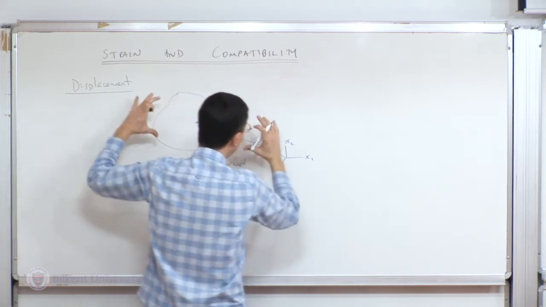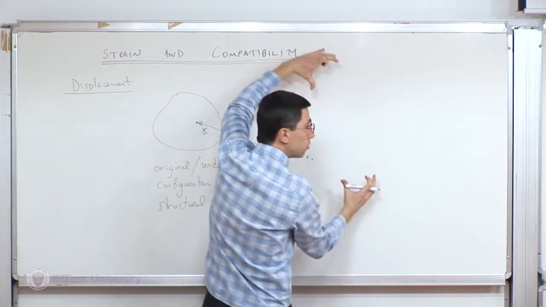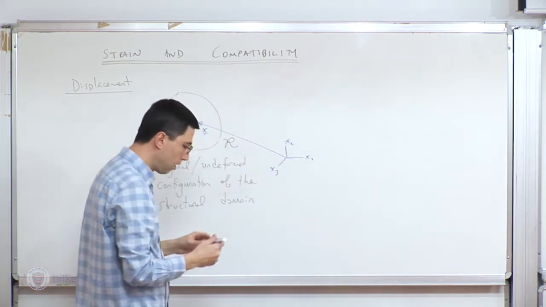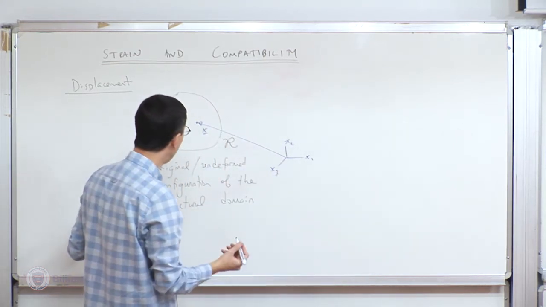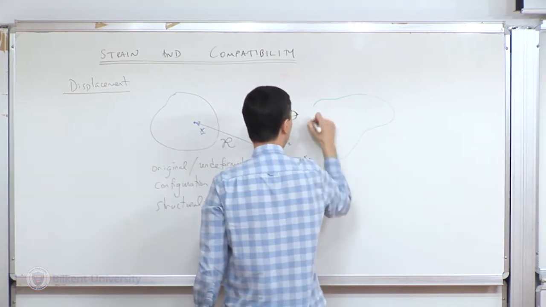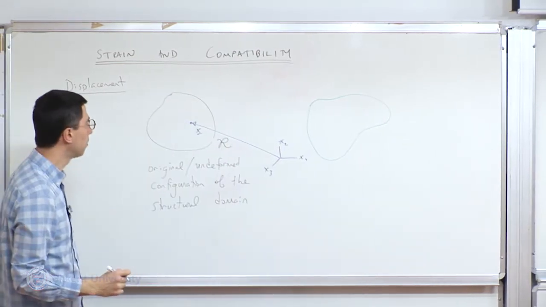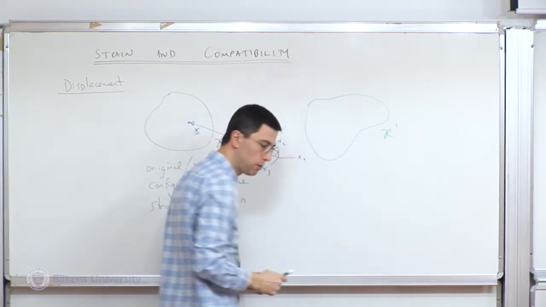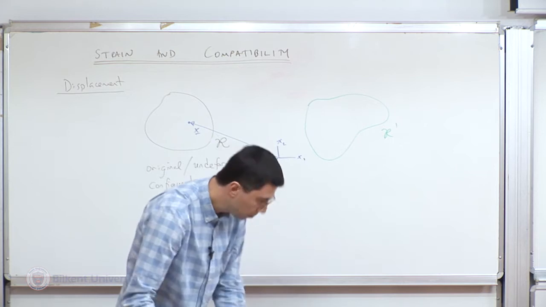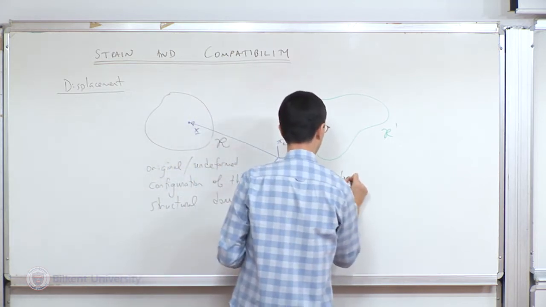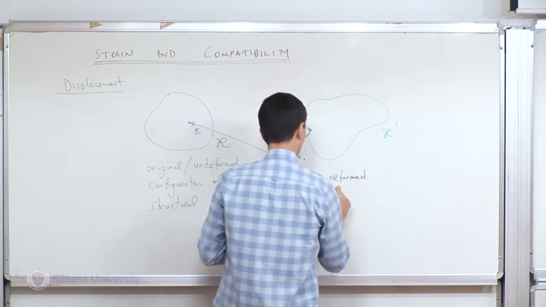So it will move, it will squish, or it will stretch, it will change its shape, it will be torsioned, etc. The point is eventually this thing will move to a different location, and it will probably also look different. Let me indicate this new configuration of the body with R prime. This will be the deformed configuration.